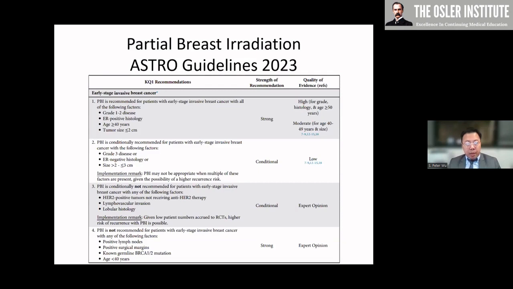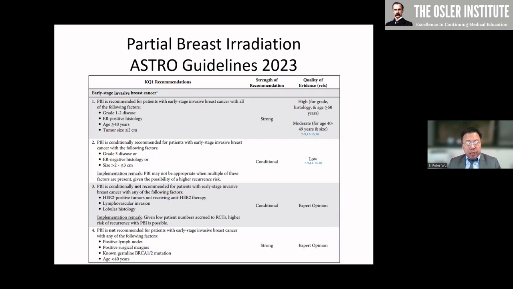It is not recommended, this is also very important, not recommended for patients with HER2 positive tumors not receiving HER2 therapy, lymphovascular invasion, or lobular histology. As we highlighted early on, lobular histology is an important, conditional, not recommended.